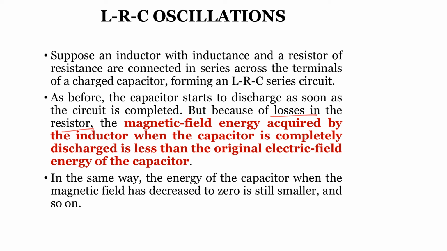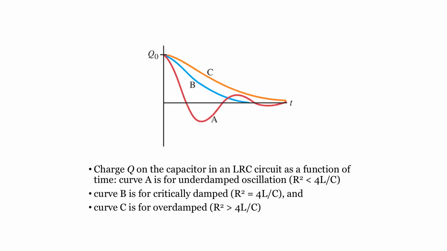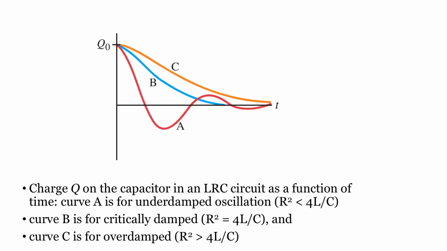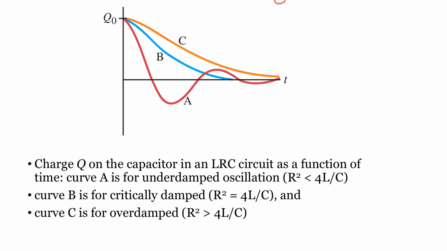Like I mentioned before, we have the damping constant, with R squared equal to 4L over C. For damped oscillation, we can categorize it into three: overdamped, critically damped, and underdamped.